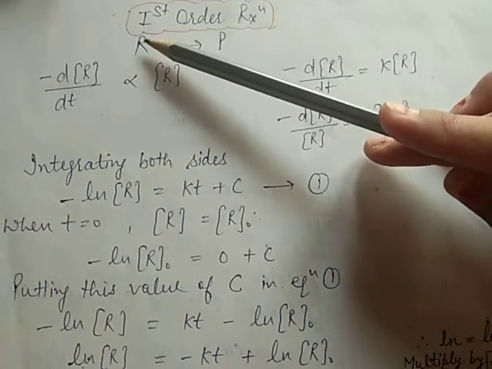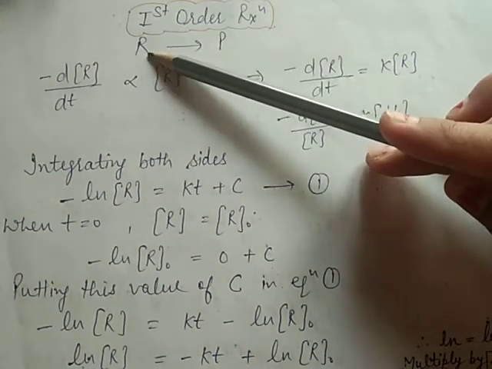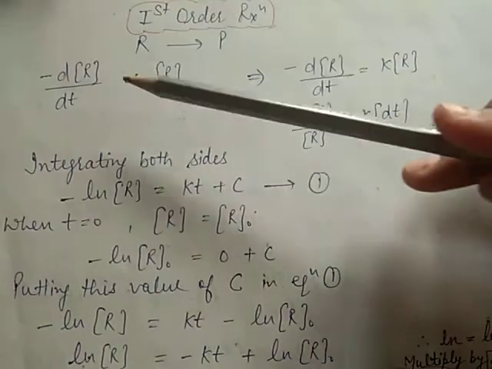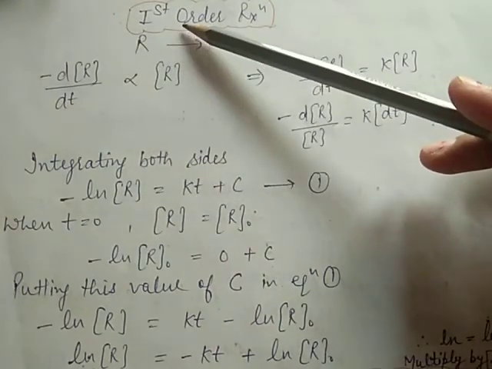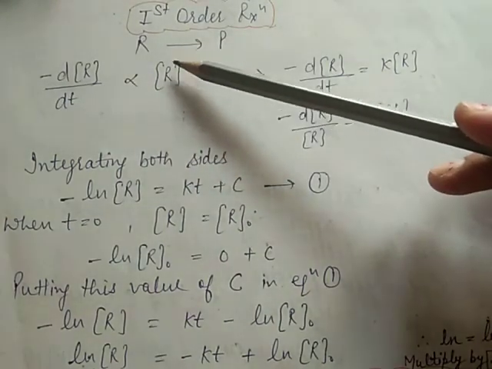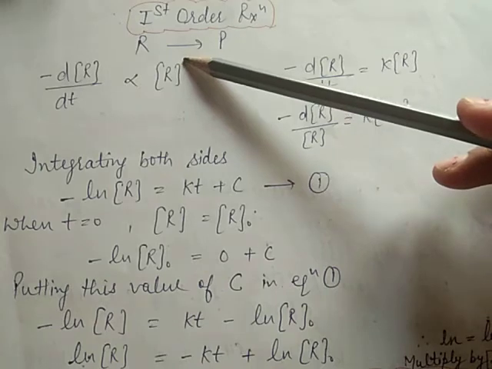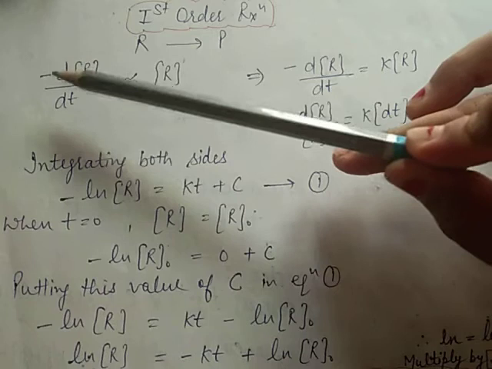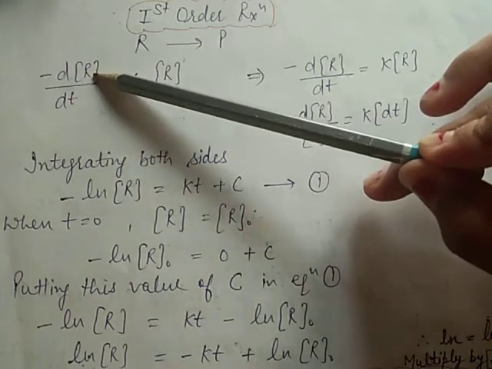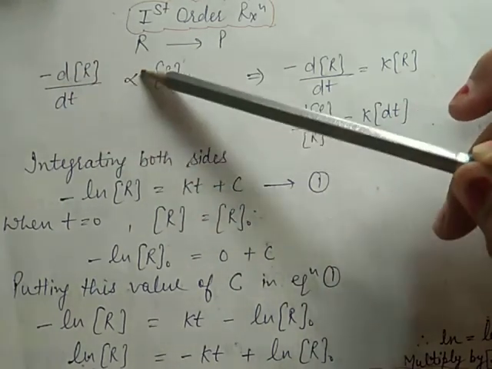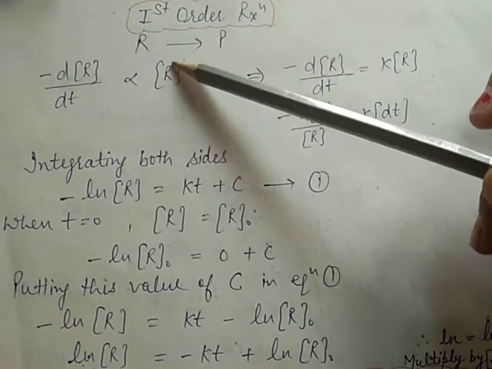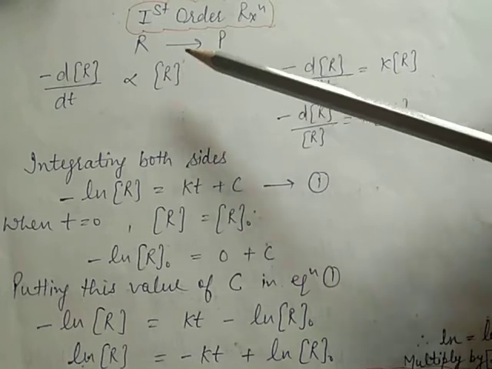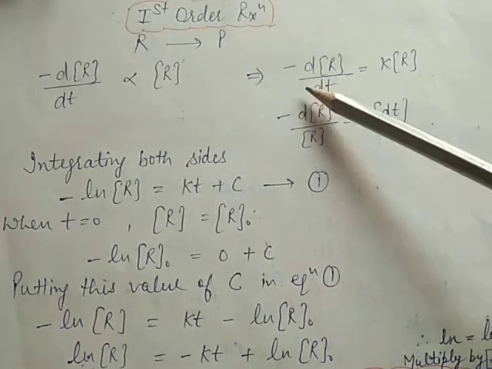Suppose this is the first order reaction where the reactant changes into product. In the first order reaction, the concentration of reactant is R. Then the rate of this reaction, minus dR by dt, is proportional to the concentration of reactant, that is R. This is the equation.